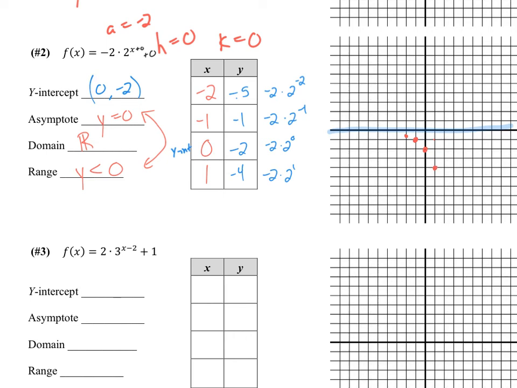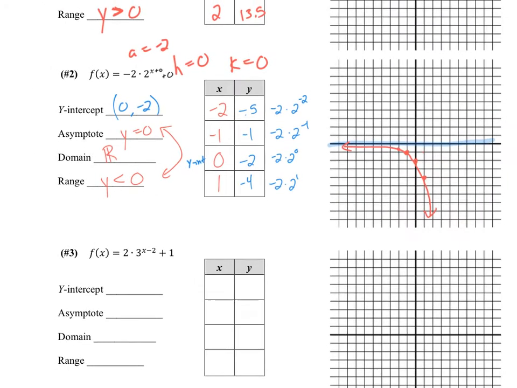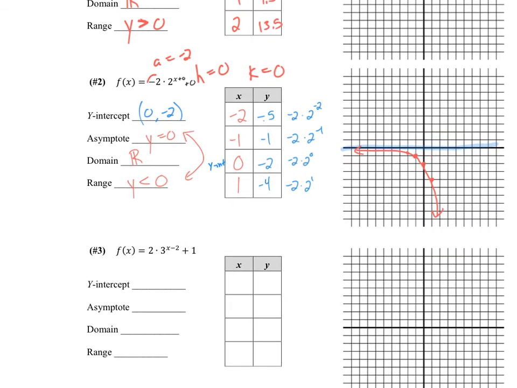So this graph is going to be flat along the asymptote, then it's going to curve down like this. So there's our graph of f of x equals -2 times 2 to the x power. Okay, see how that one was flipped below because a is -2. It was flipped on the bottom of the asymptote.